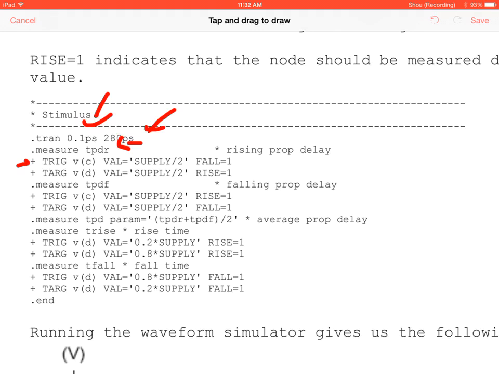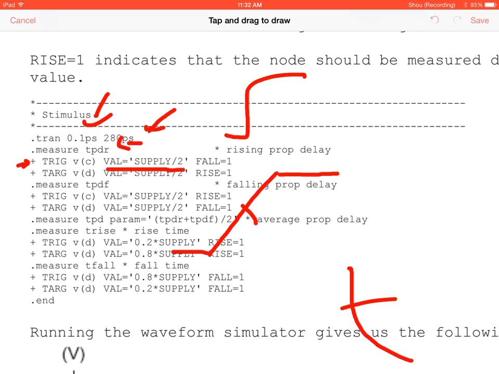We're going to trigger at node C, because that's our input. Supply over 2, so this is actually measuring, it gets here, and then D is going to start falling, because it's an inverter. So from the moment it hits half of the supply on the rise, to the moment it hits half of the supply on the fall, is our TPDR value, and that's what we're going to measure.